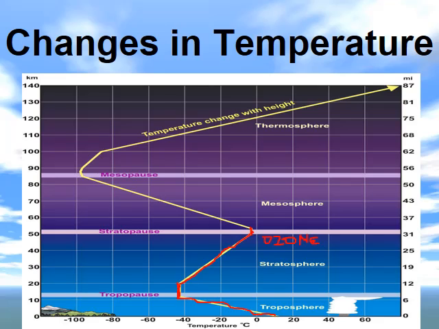And again, there's a little pause, a stratopause there, which is where the temperature stays about the same until it switches back the other way. Mesosphere, temperature drops significantly, way down.